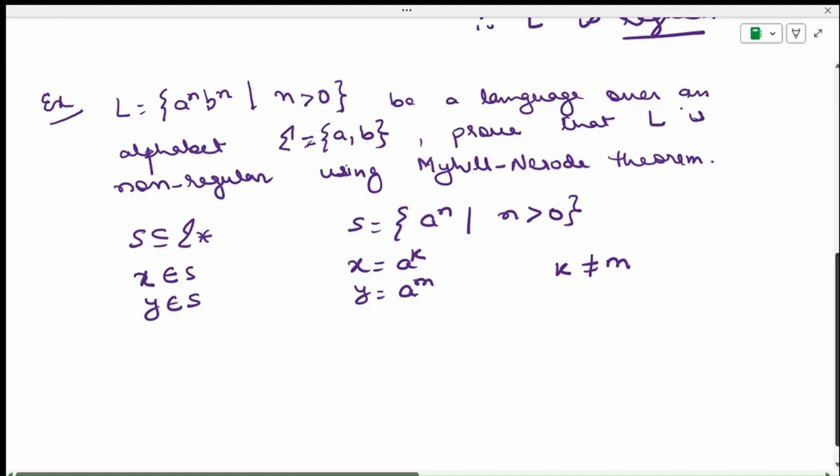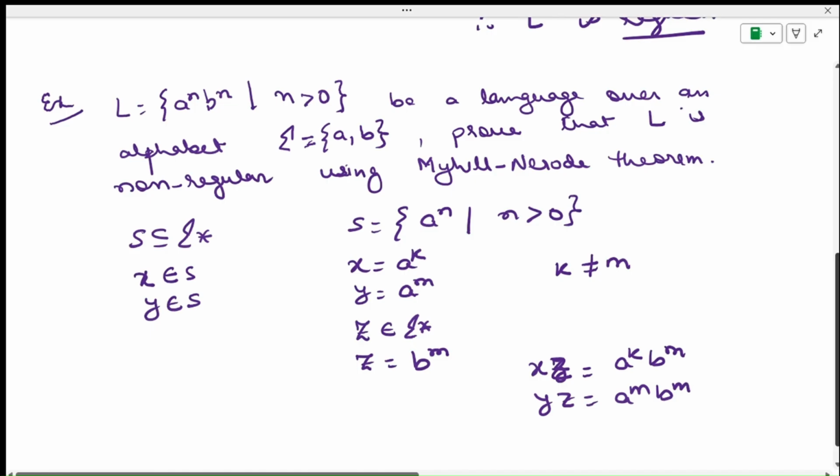Take one more string z that belongs to sigma star, and suppose I take z equal to b raised to the power m. Now concatenate x with z, concatenate y with z. If I concatenate x with z, I'll get a raised to the power k followed by b raised to the power m. Y with z, a raised to the power m, b raised to the power m.